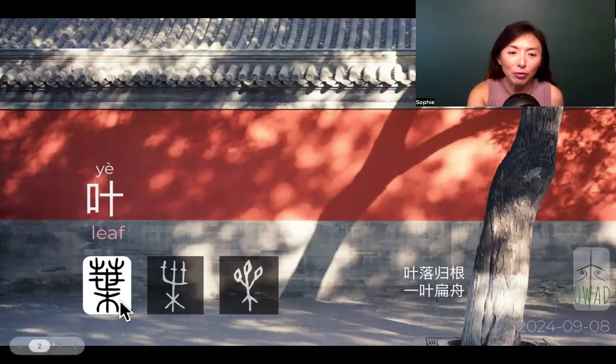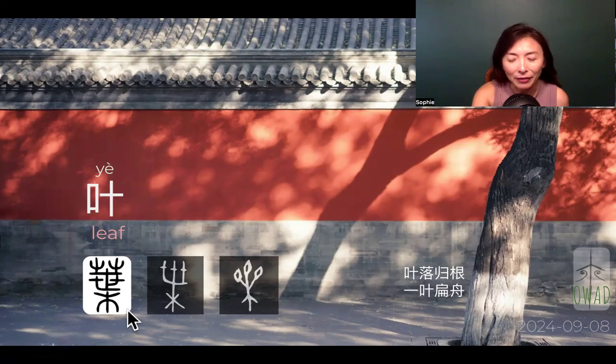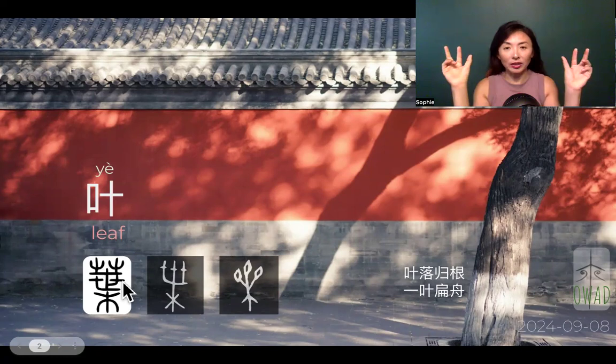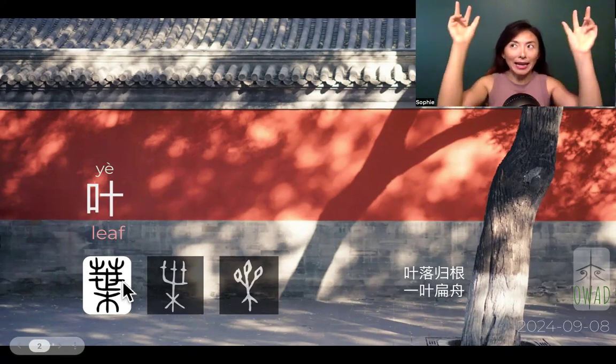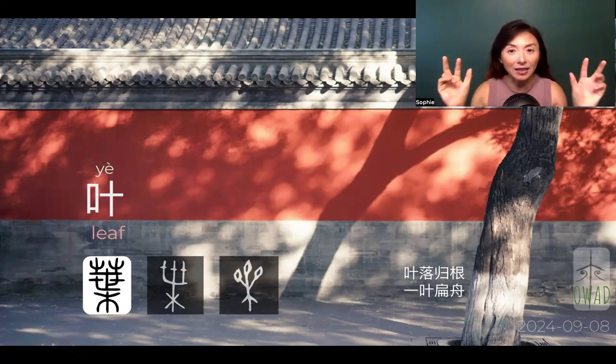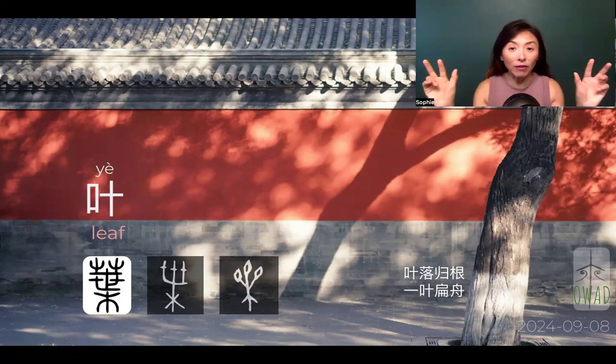So when we see the traditional form, which is way more complicated, it gives more clues as to where it came from, its origins, what it means in the physical world. First off, the leaf symbol has this plant symbol on the top. This sun-facing blade of a plant growing up, and there are two of them, means multitudes, a cluster of them.